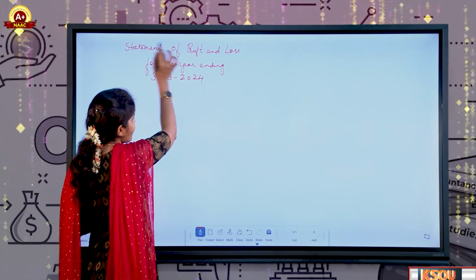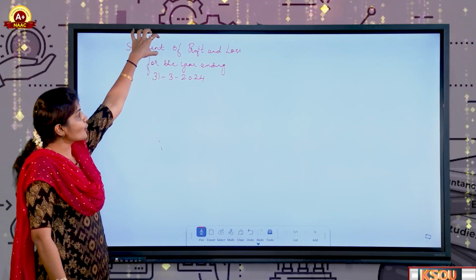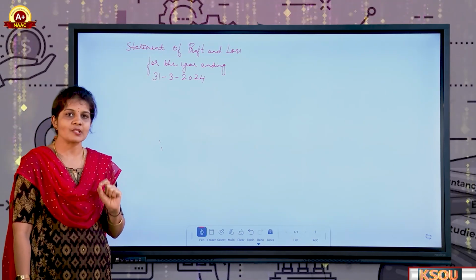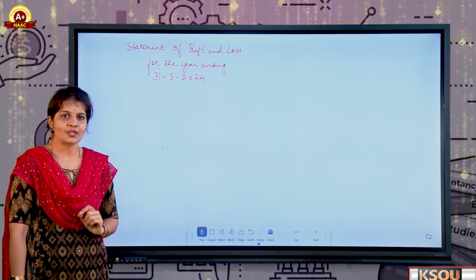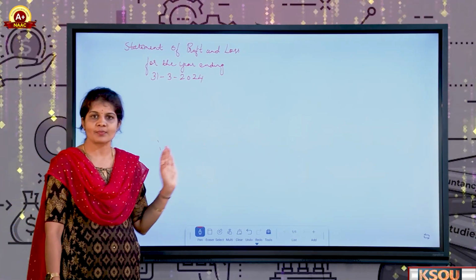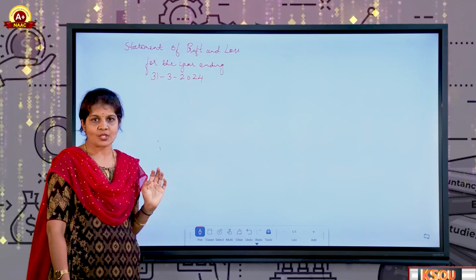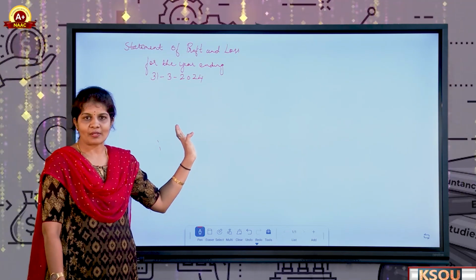Like this we have to give a heading, and before this we mention for which company we are going to prepare the statement of profit and loss. For example, X Limited is preparing this statement, so X Limited will be mentioned at the beginning.